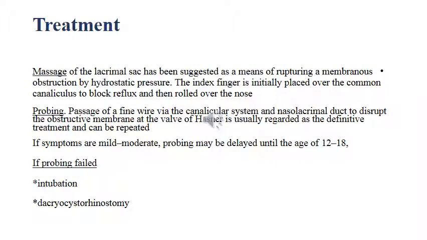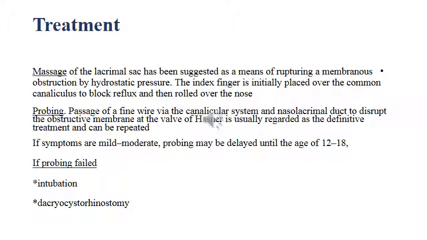In many children, this will be enough to open the obstruction. If this didn't happen, we go for probing. This massage can be done with the index finger applied over the lacrimal sac to occlude the common canaliculus. Then we pass downward on the nose with pressure to rupture the membrane.